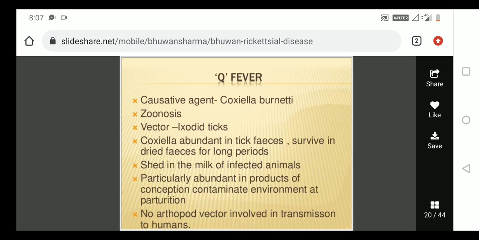Actually this is not transmitted through arthropod vectors. Only through contact, maybe through biting, or by taking contaminated animal products, we will get this condition. It is actually not an arthropod vector condition; it is transmitted from the arthropod to the animals and humans.